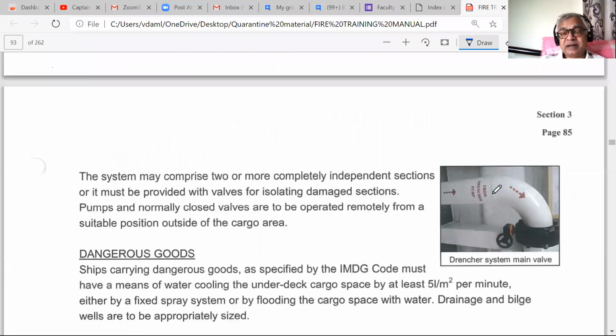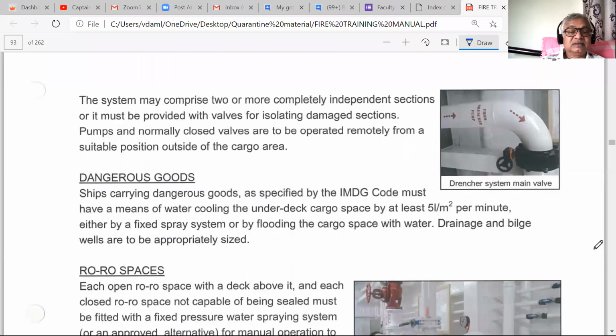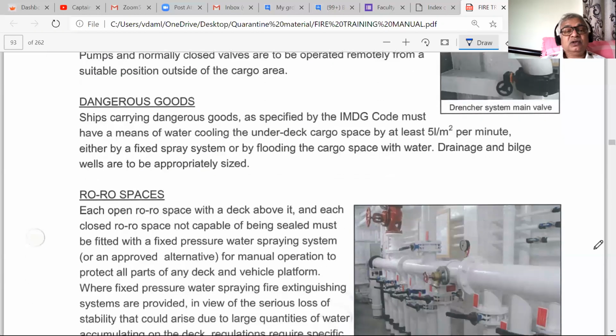Here there is a diagram. Okay, water is flowing when you control the valve. Then once you open it, then it will go further down. Dangerous goods, it is again nowadays what you are looking at is if it is stored under deck, but most of the time you are carrying it in containers, so you really don't have a system.